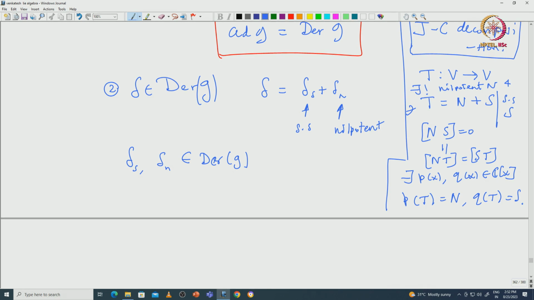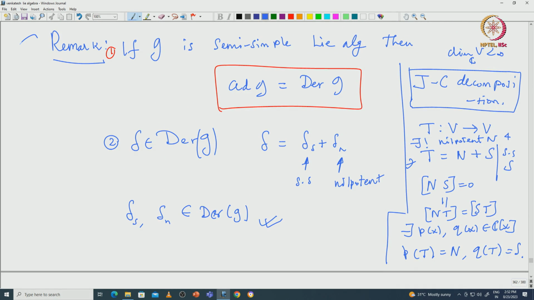So, that means the semi simple part of a derivation is again a derivation, and the nilpotent part of a derivation is again a derivation. So, that is what this fact says, and these two facts are very important and will be proved later. Okay. So, I will prove this in the next class, and then we will use this to prove this later. Okay.